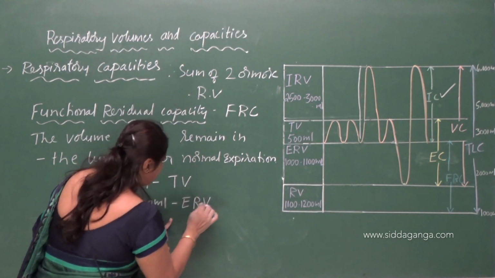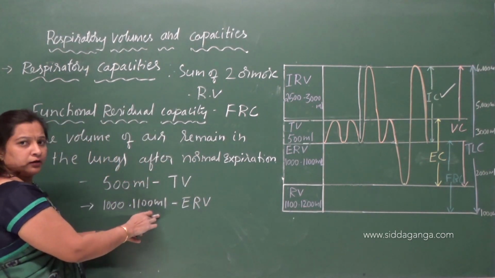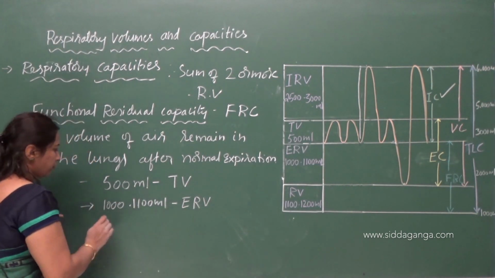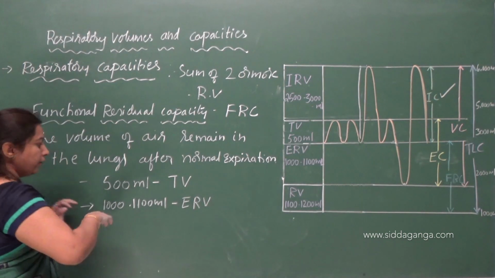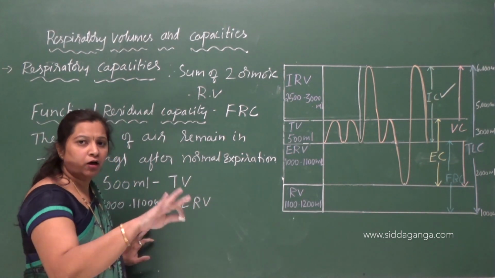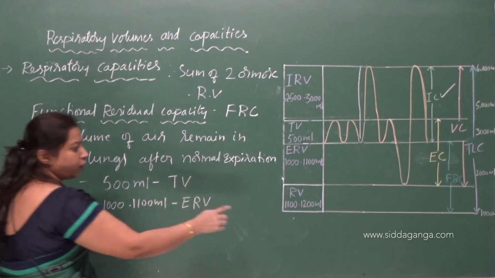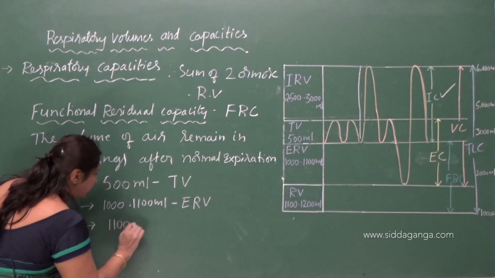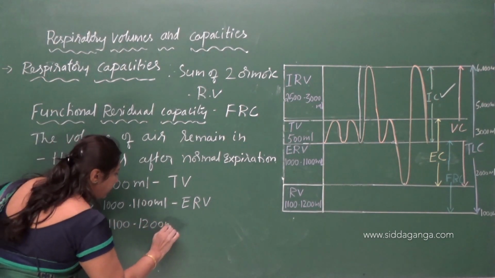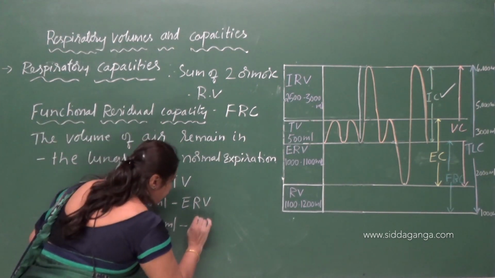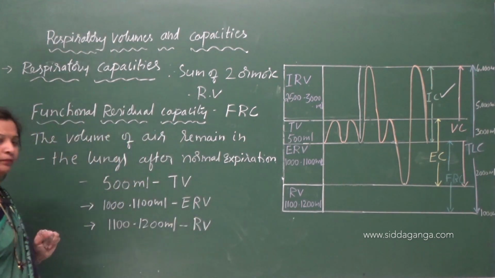So it is the additional volume of air which we can expire by forcible expiration. Now even after forcible expiration, some volume of air always remains in the lungs. So 1100 to 1200 ml of air will always remain in the lungs, which you cannot expel out. So that is what the RV.